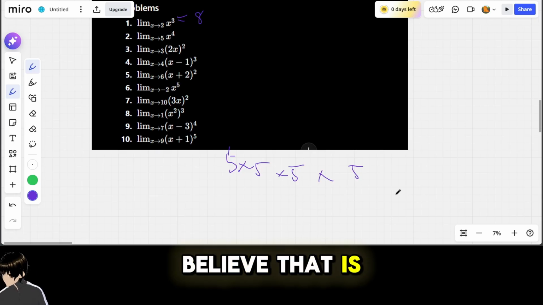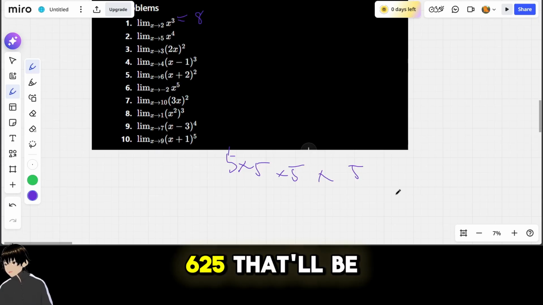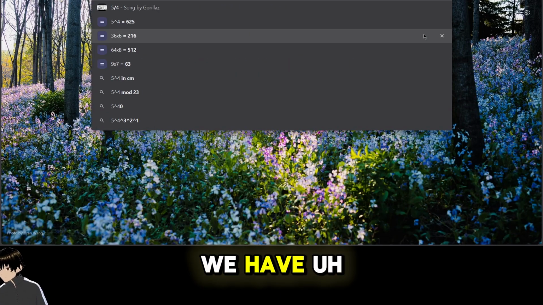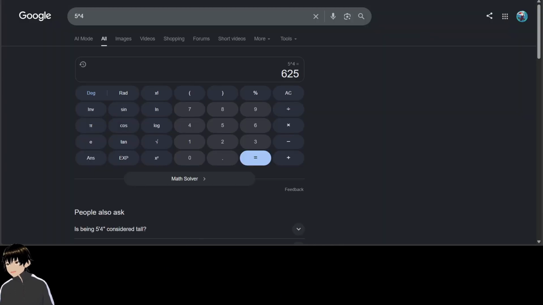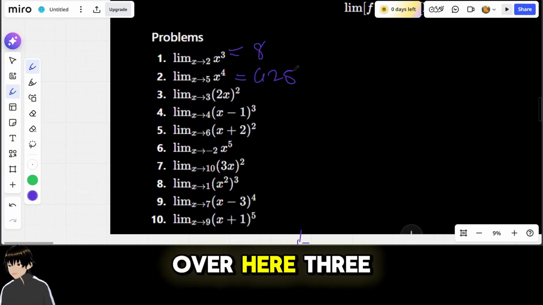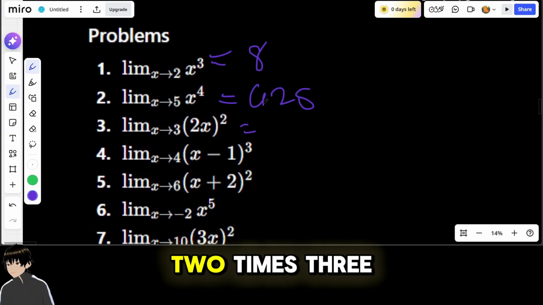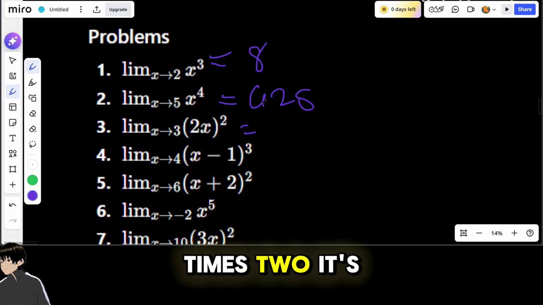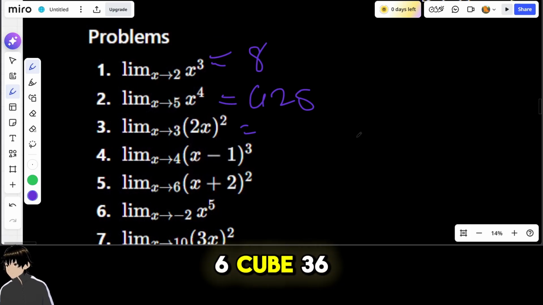Yeah, 625. That'll be 625, and then we have a cube over here. 3 times 2, it's going to be 6. 6 cubed, 36.